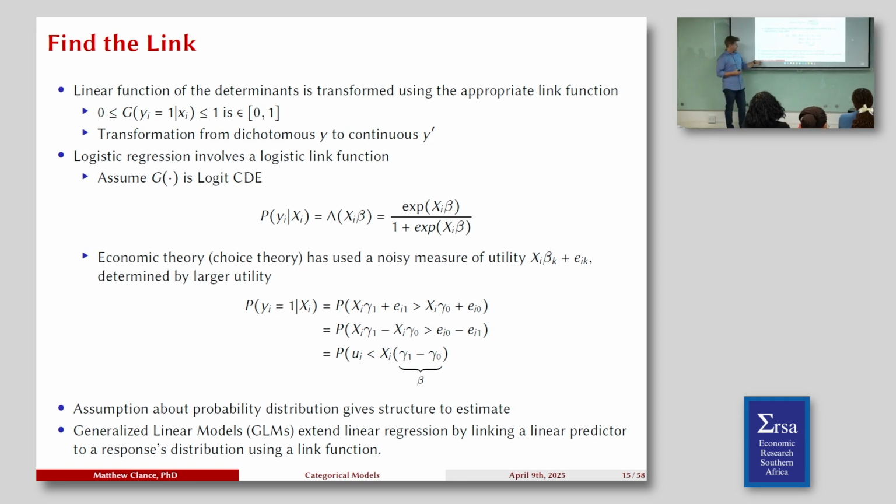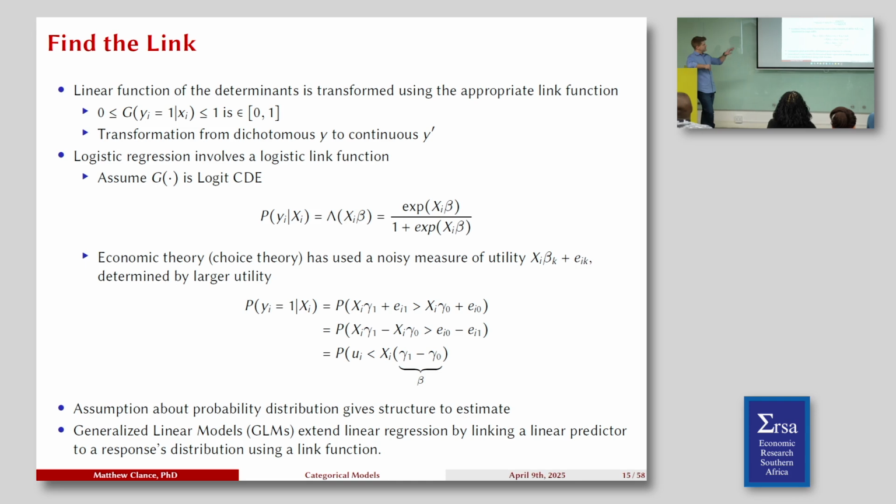Generalized linear models extend what we usually think of in terms of our linear regression models into these response distributions using these link functions. That's why we refer to them as generalized linear models. Basically, we're doing a little bit of a tweak after we use the estimates, and we take the linear function and push it through that link function to get our probabilities.